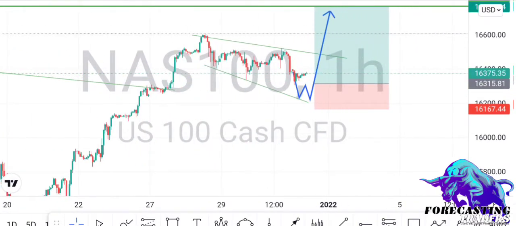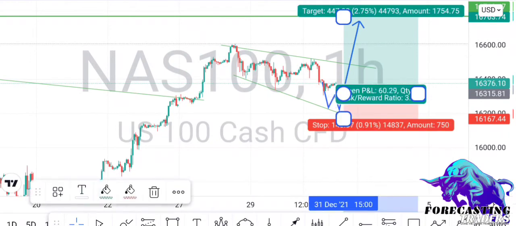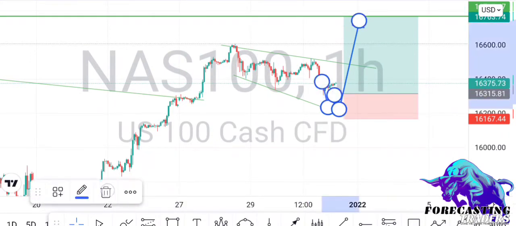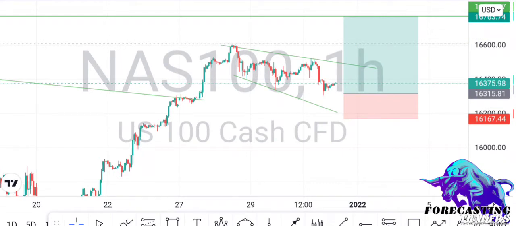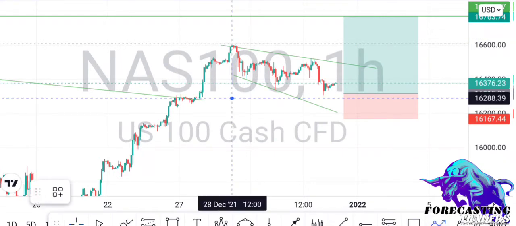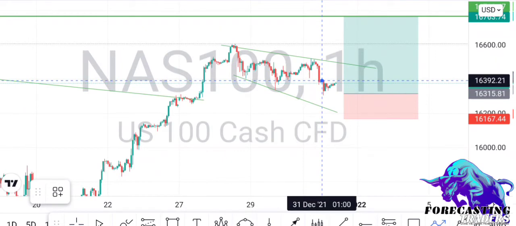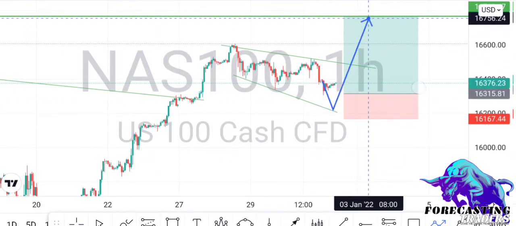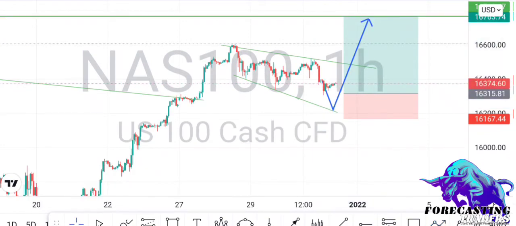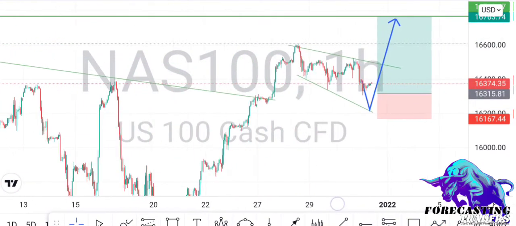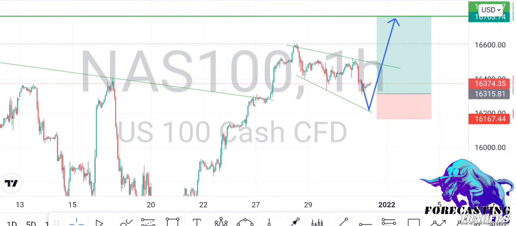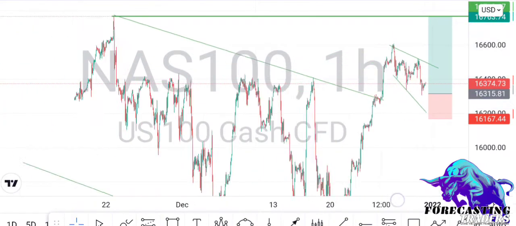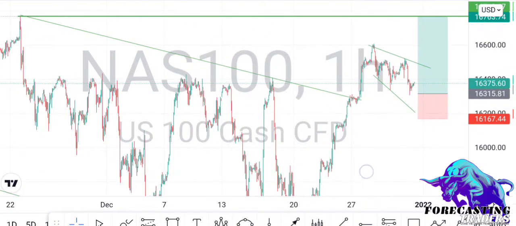We're having something like this, or it might just give us a third touch here, and then go to the upside. And this is something that we should expect, but then there is something that I saw that is very important.